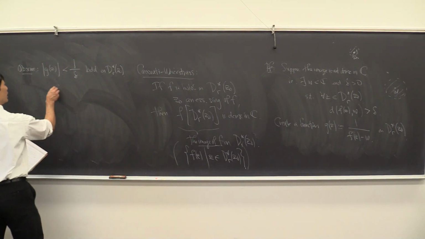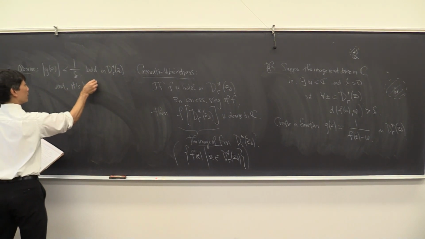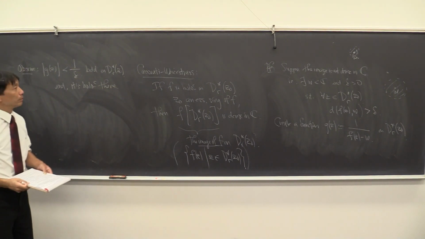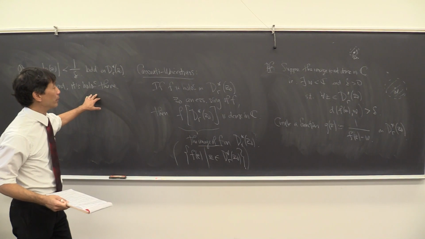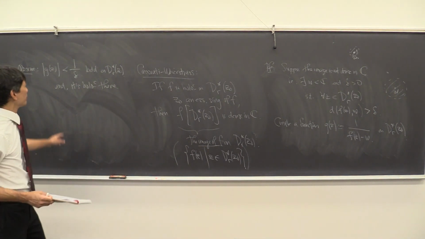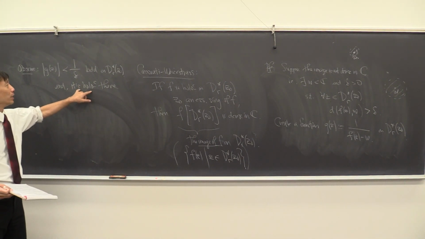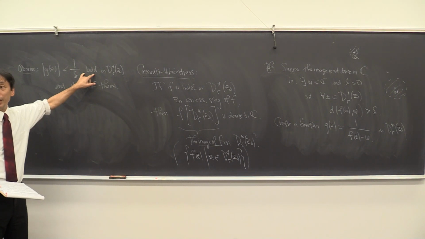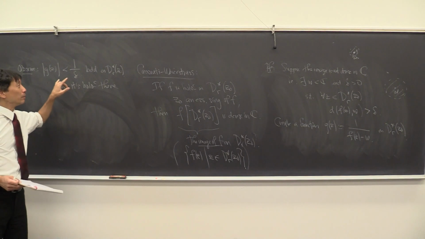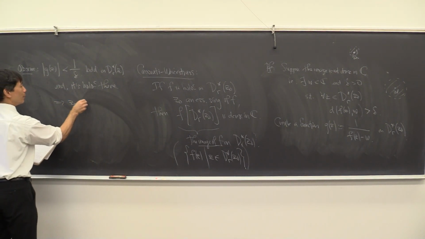And it's holomorphic, because the denominator is never 0 and f is holomorphic. So you've got a holomorphic function that's bounded on a punctured neighborhood, and that tells you that z naught is a removable singularity.